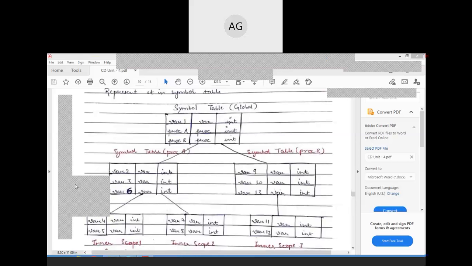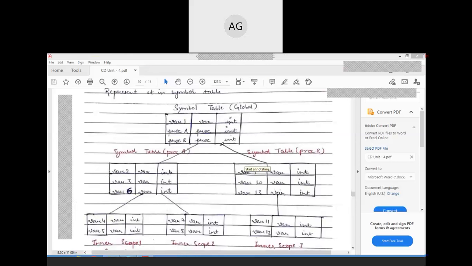Just see this diagram on your screen. We are going to form three symbol tables in order to store the program. The first is the global symbol table, in which we are going to store the global variables.